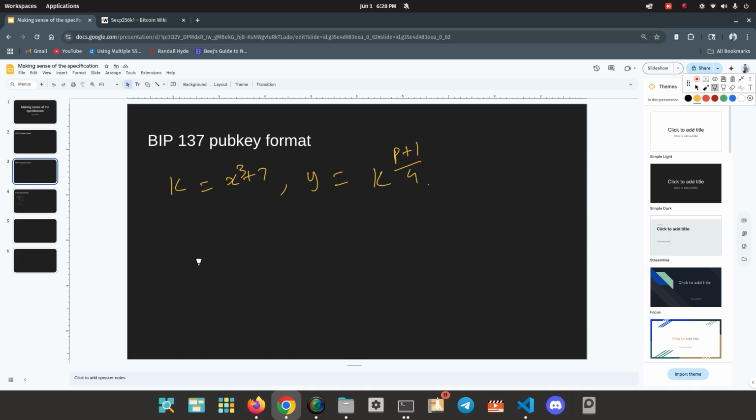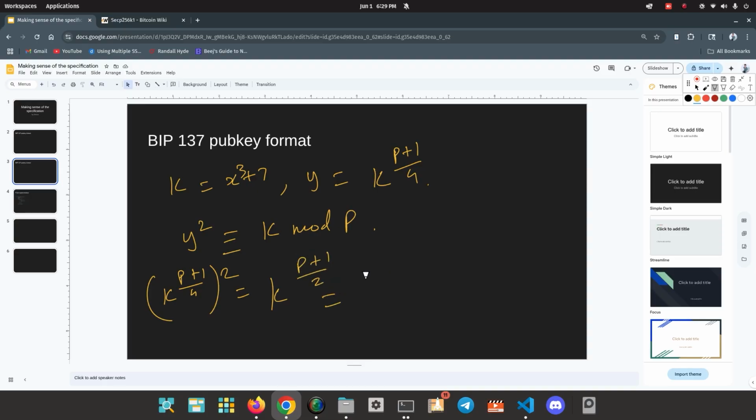Now the question is whether y squared is actually congruent to k mod p. That is the question, because that's what we are trying to solve. Let's try to compute that. So k to the power (p plus 1) divided by 4, the whole power 2, will be k to the power (p plus 1) divided by 2.